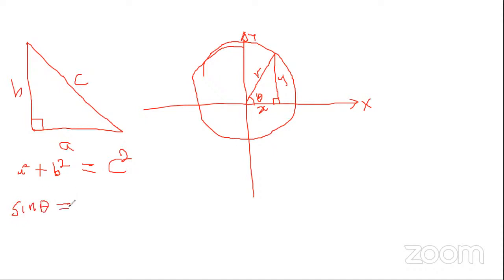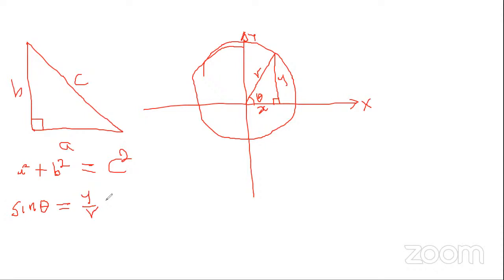So now, what would sine of the angle be? Sine is opposite divided by hypotenuse, so it should be y divided by r.